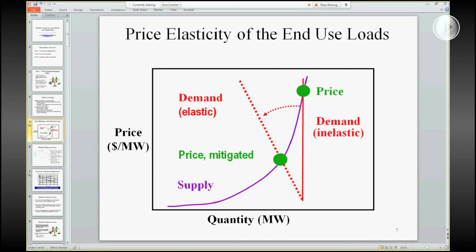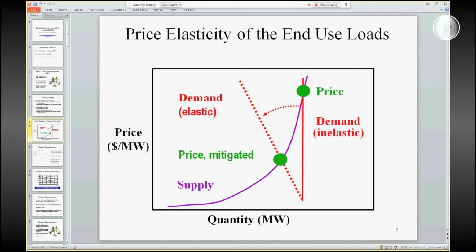On the x-axis here you have the quantity, basically how much power these guys are trying to buy, and then we can look at price on the y-axis, and how much they're willing to pay for it. So you can look at the purple curve there being the supply curve. In general, this looks more like something that you would see at, say, the transmission level rather than the distribution level, but again, we'll talk about that in a little while.